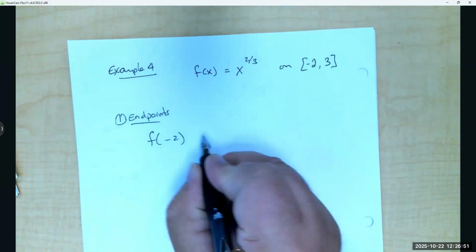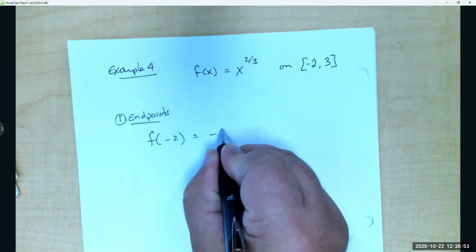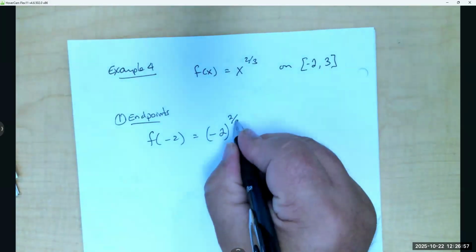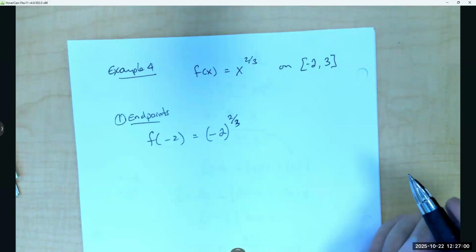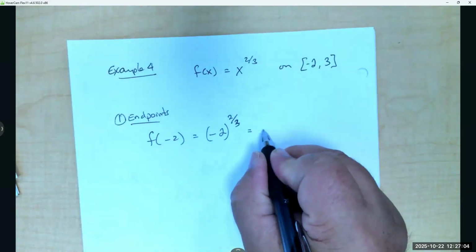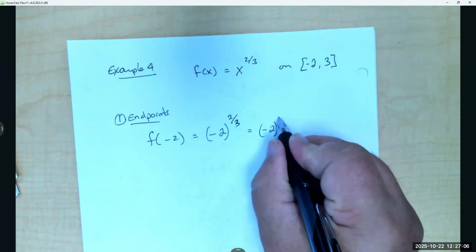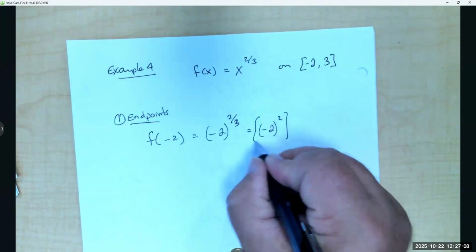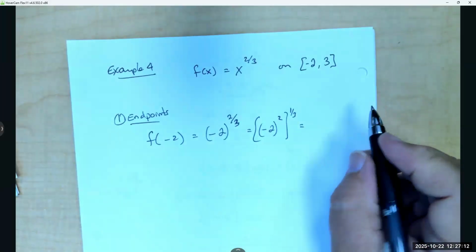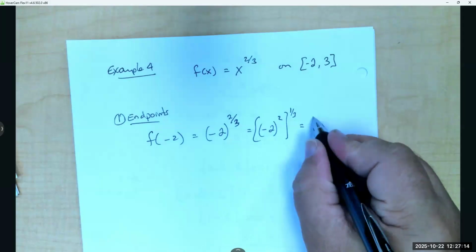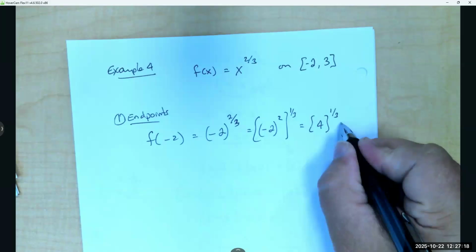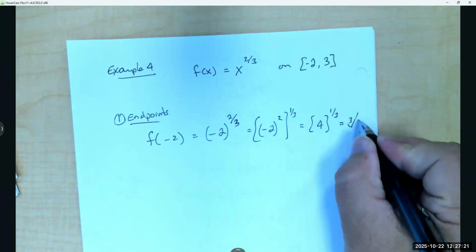f of -2 is -2 to the power 2/3. We could do it a couple ways. So it's -2 squared, all that to the power 1/3. So -2 squared is 4 to the power 1/3 is equal to the cube root of 4.